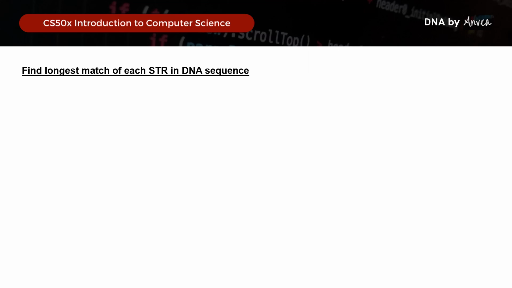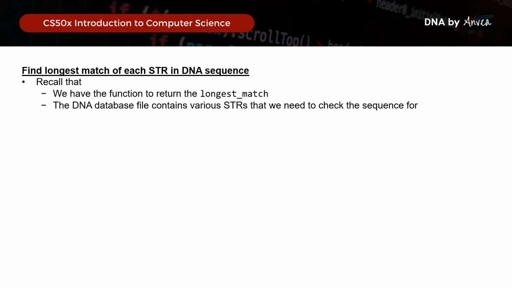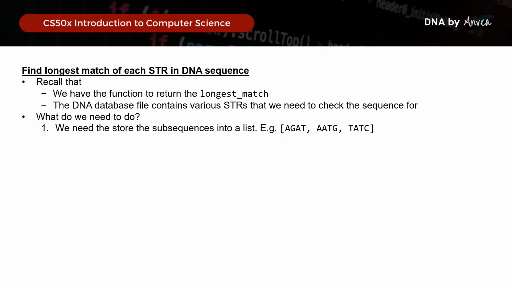So now, how do we find the longest match of each STR in a DNA sequence? Recall that we have a function that returns longest match, and we also have a DNA database file that contains various STRs that we need to check the sequence for. Breaking this down into actionable steps, first, we need to store the subsequences into a list. For example, if we have a list with 3 subsequences, it will be AGAT, AATG, and TATC.